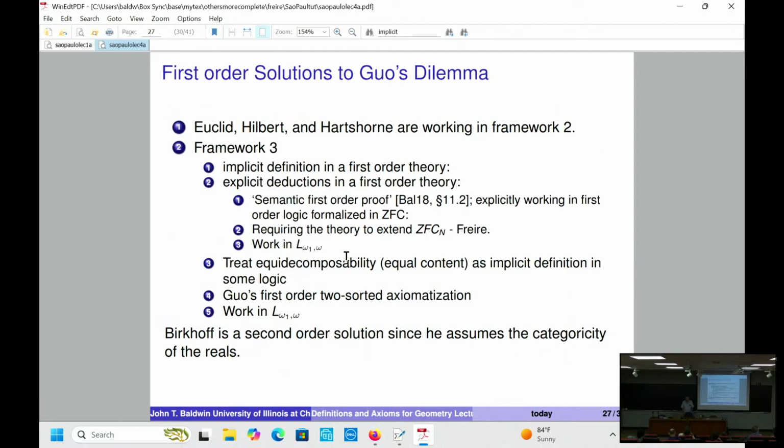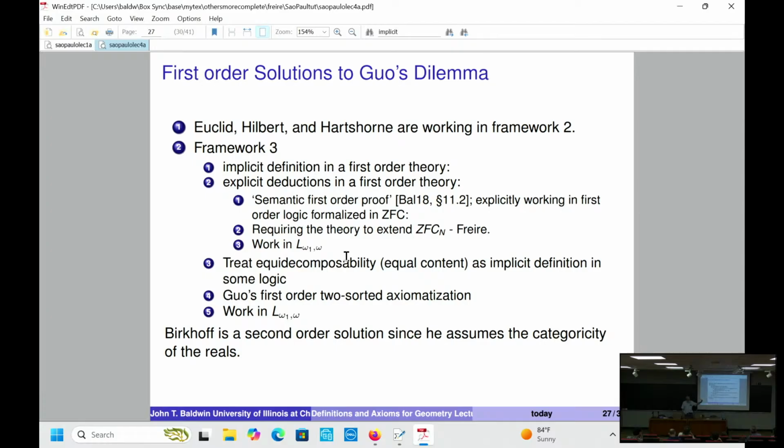And now, I think when I wrote it, it was supposed to be the solutions, but it's really here are ways you might go at it, and some of them work and some of them we aren't sure about. So you might say, is there an implicit definition of equal content?